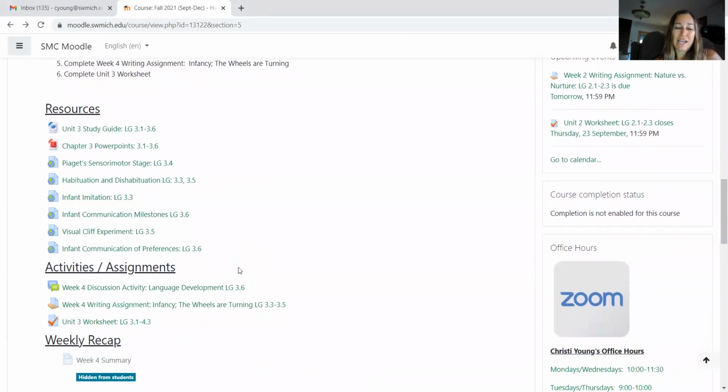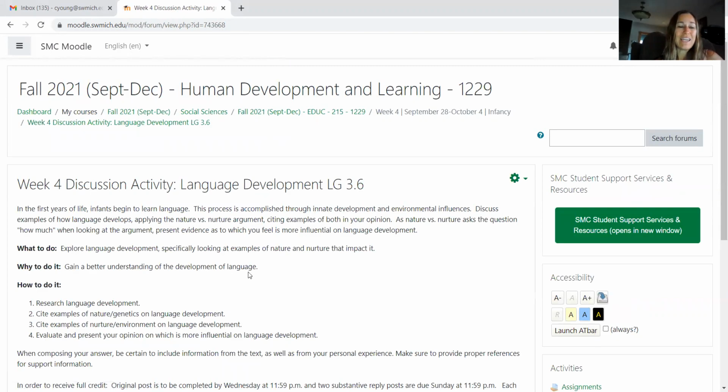So let's go over your assignments for this week. The first thing you will be doing is taking what you did in chapter 2 or week 2 when you looked at nature versus nurture, and you're going to look at it through language. Basically very similar to the prompt in that week, I want you to apply the nature versus nurture argument to language development.